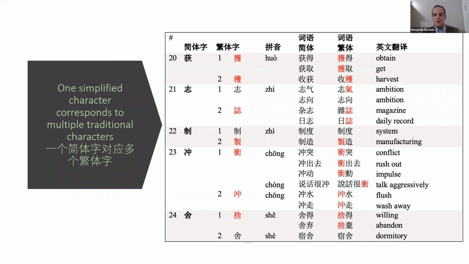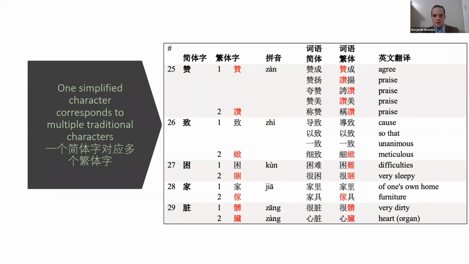Then the other form 舍 as in 宿舍. Next we have 赞,赞成,赞扬,夸赞,赞美,称赞. Then 治,导致,以致,医治,细致. Next 困难,很困,家里,家具. Then 脏,很脏,心脏.